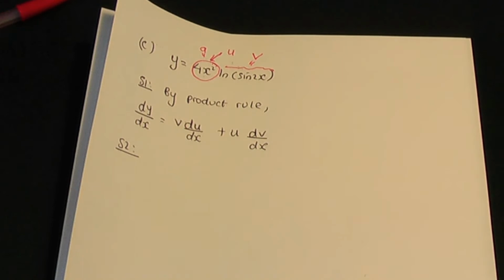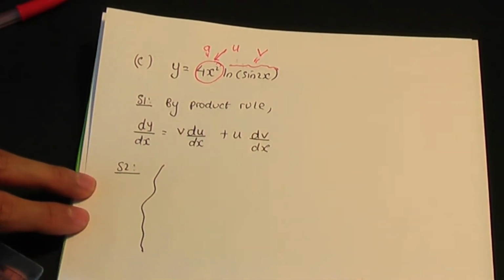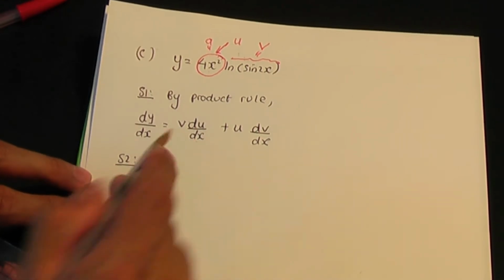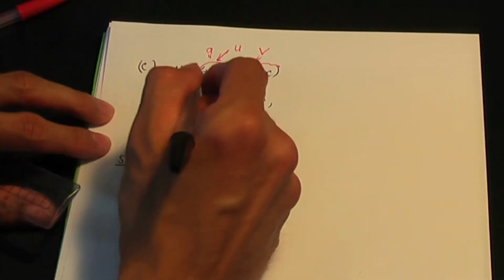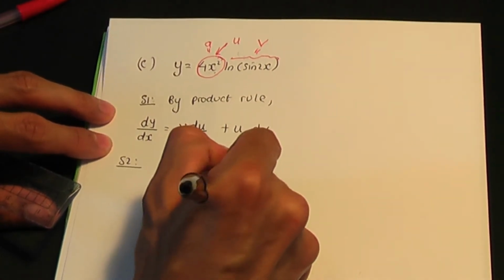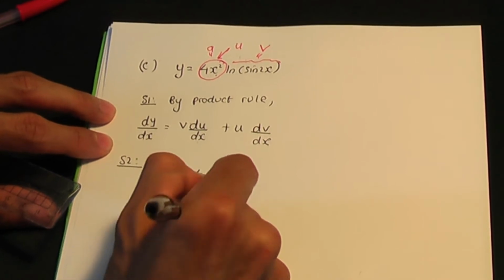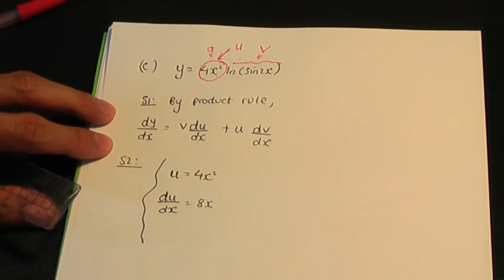Now in step number 2, let me do a side calculation, and let's calculate du over dx first. u in this case is 4x squared. So that makes du by dx, when I differentiate, 8x.